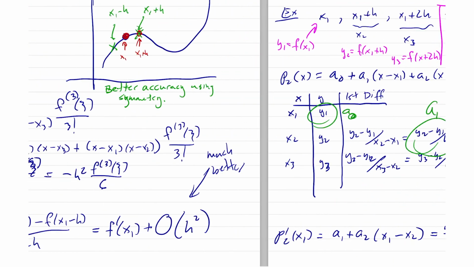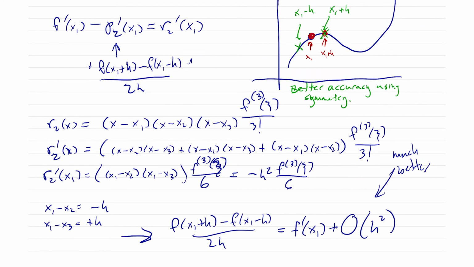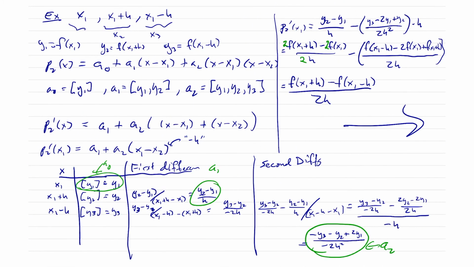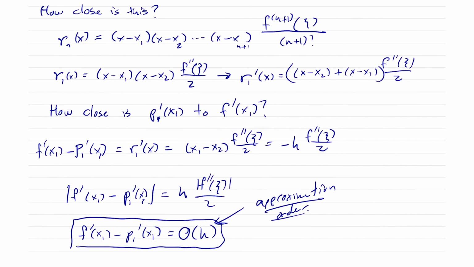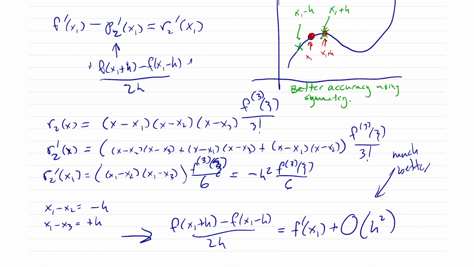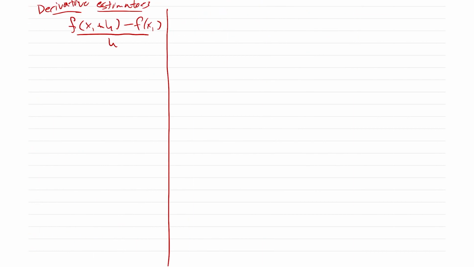For the first one, we had f double prime xc divided by 2 times h. We'll ignore the minus sign. So in our big O language, this is big O of h.